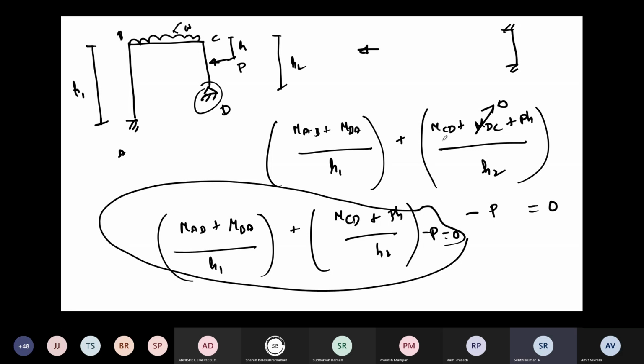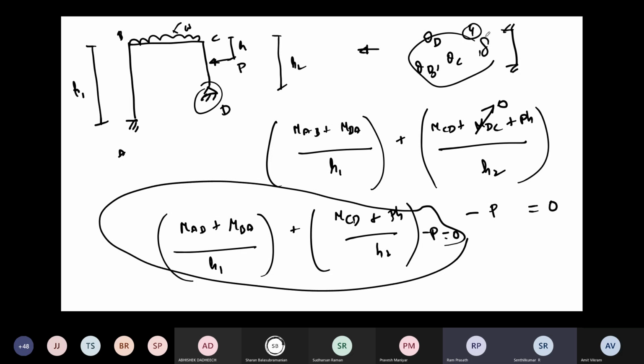Any questions? Sir, for this pin support D, won't there be any rotation? Yes, there will surely be a third. Sir, but there will be a fourth unknown also, the last one. Theta B will be there, theta C will be there, theta D also, and delta also will be there.